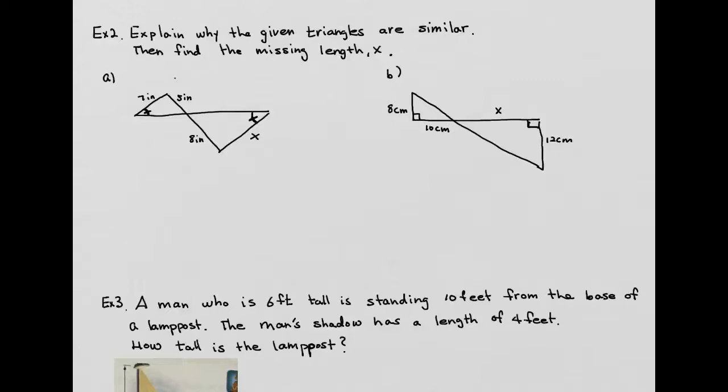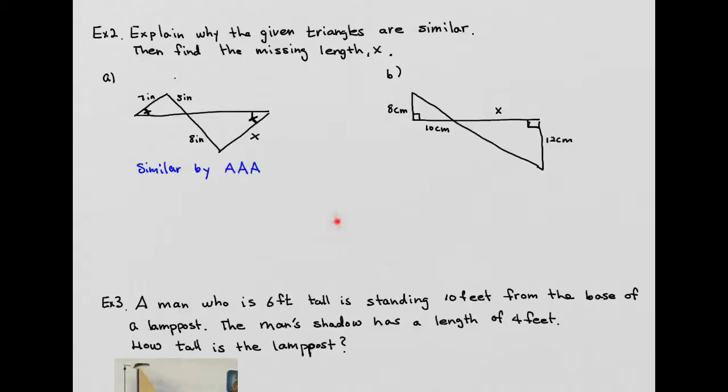So why are these two similar triangles? Because they have the same angles. You write it as angle, angle, angle. And then if I want to find the unknown x right here, I need to find the equivalent sides first.